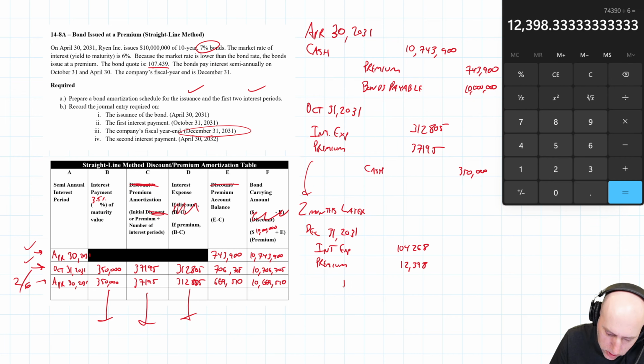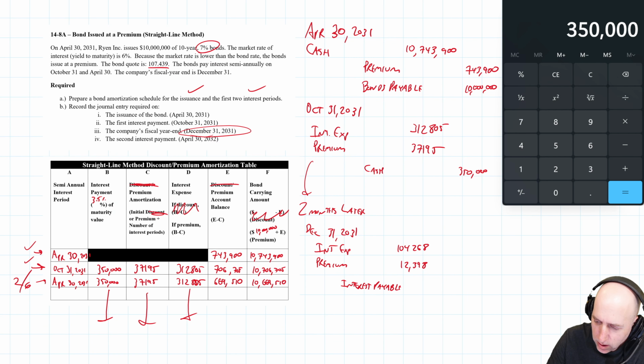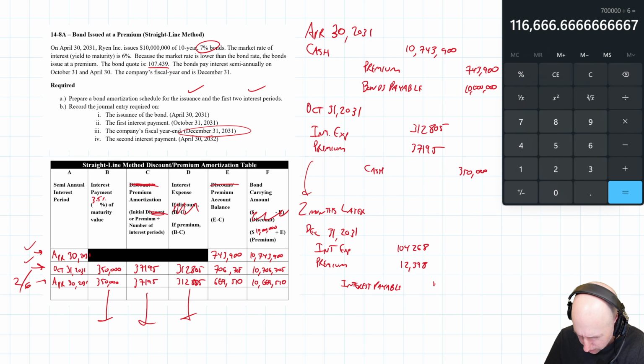And our credit to interest payable is $350 times 2/6. And again, I think I'm off by $1 here. I'm just going to go 116,666. I know I should round up to 7, but to make this journal entry work, we'll call it 666.